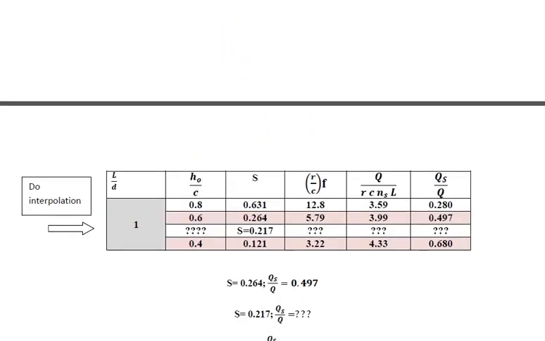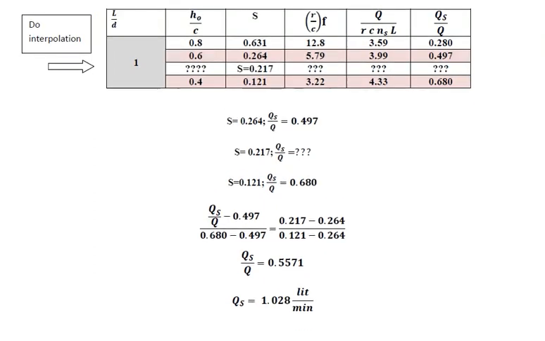So here we will do the first linear interpolation for the QS upon Q, and again by the same method we write down the upper values for this one, then the lower values, then correspondingly the intermediate unknown value, and again do the linear interpolation for the QS upon Q.